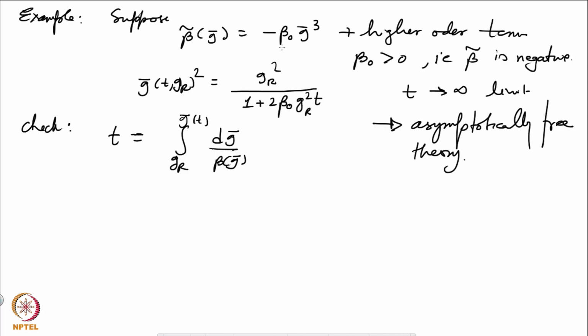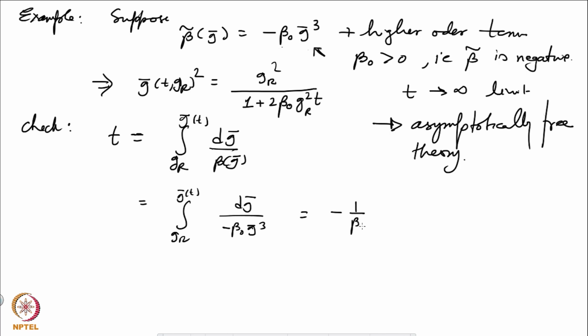Then you substitute this result that is given to you. This gives you the integral from g r to g bar of t, d g bar over minus beta naught g bar cubed.